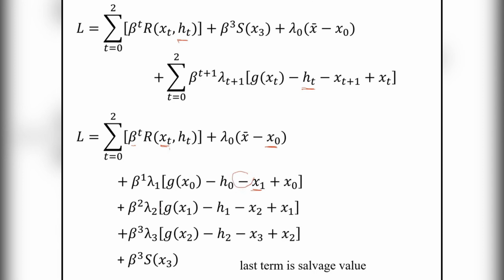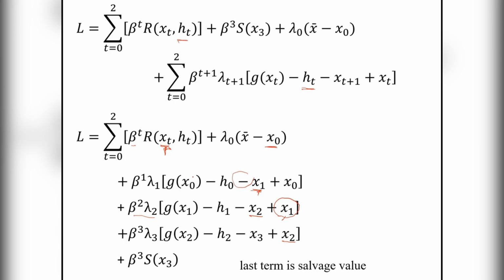And notice that we also have this beta 2, lambda 2, because we have an x1 here. And that often confuses students, the fact that we have an x1 in this period and an x1 in this period. Okay, and we can do the same thing with regards to x2. We have one here, and we have one here, and of course we have one up here again.